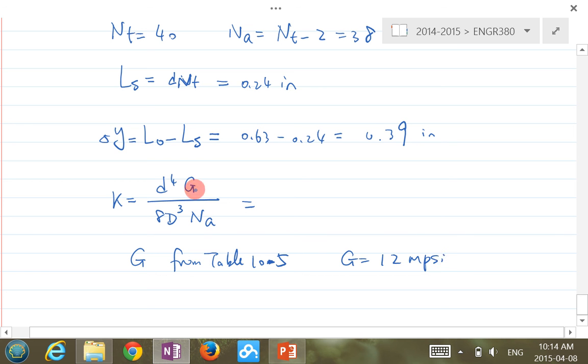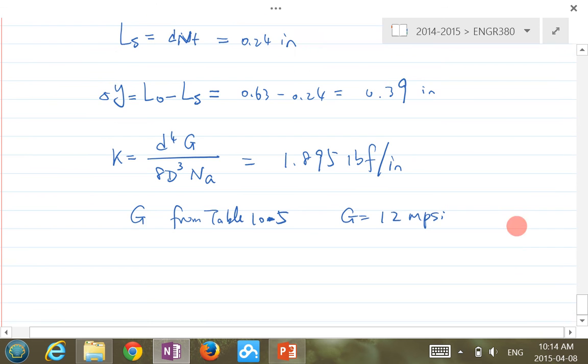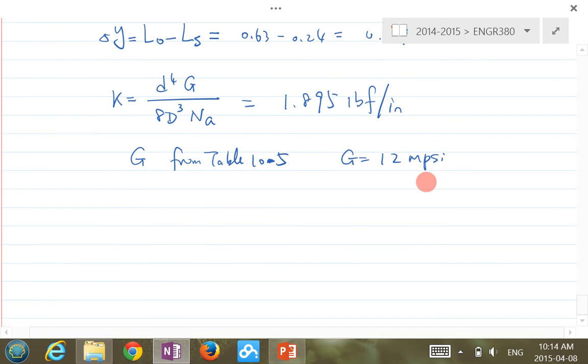So plug all the numbers into here, NA 38, so you get K, in pound force per inch. Now you have K and this deflection, then your total loading F equals K times delta y, and it's approximately 0.74 pound force.